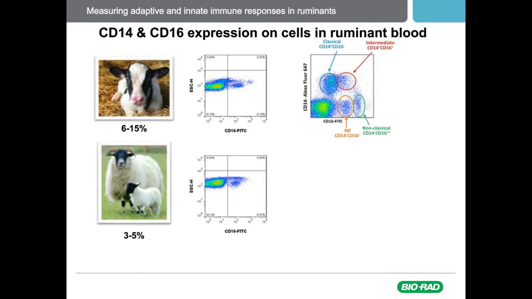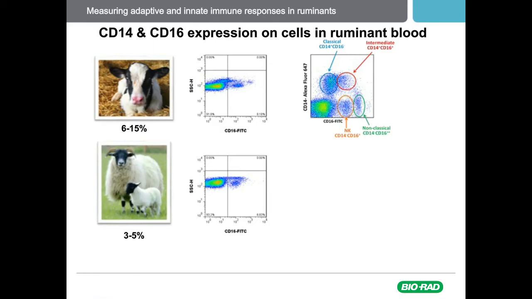When we look at these cells further, based on CD14 and CD16 expression, you can see that the classical population is quite large. That's the CD14 positive and CD16 negative. We then have the intermediate cells, which are CD14 positive, CD16 low.